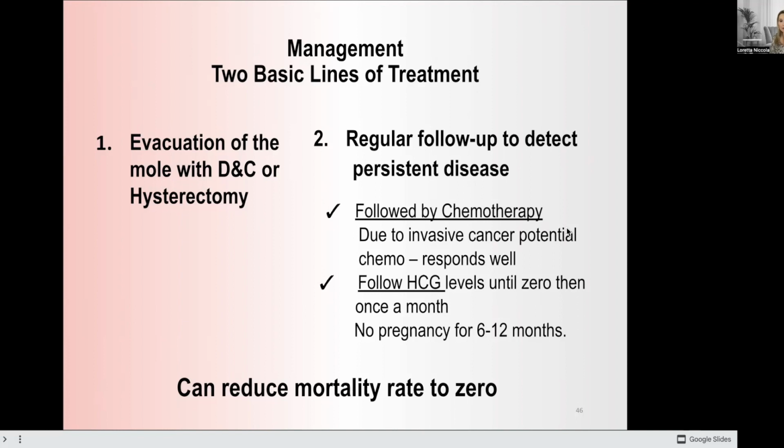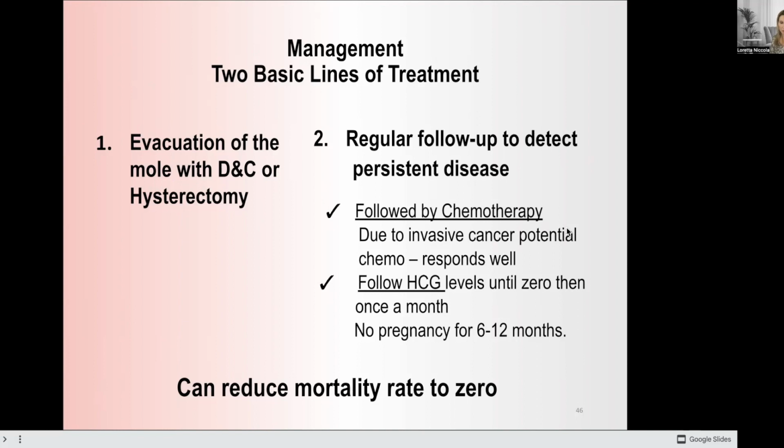And then regular follow-up to detect any persistent disease. So she's followed by chemotherapy due to the invasive cancer potential of this disease. And it typically responds very well to the chemo. And then follow up of the HCG levels until it's 0.